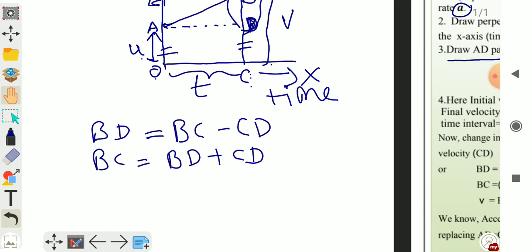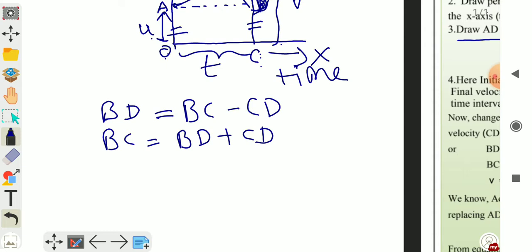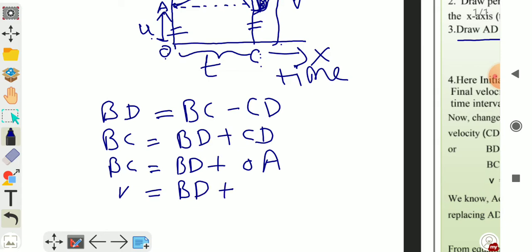So you can write BC equal to BD plus OA. Now put the values: BC equal to V, final velocity. So V equal to BD plus OA, and OA equal to U. So you can write here U. This will be your first equation.